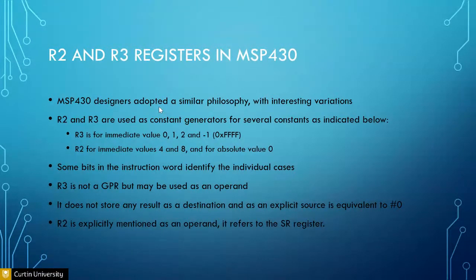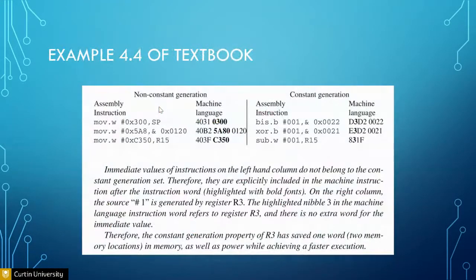In other scenarios where you constantly use, say, 4, 8, 0, 12, then it's better to use registers to generate constants. So these are some examples of how you generate constants from R3 and from R2.